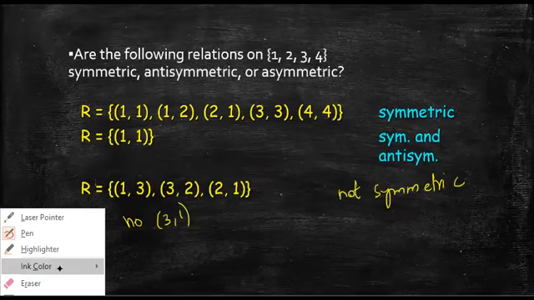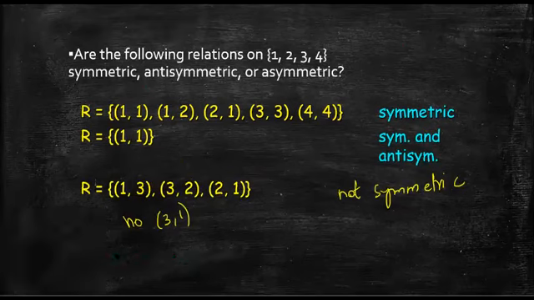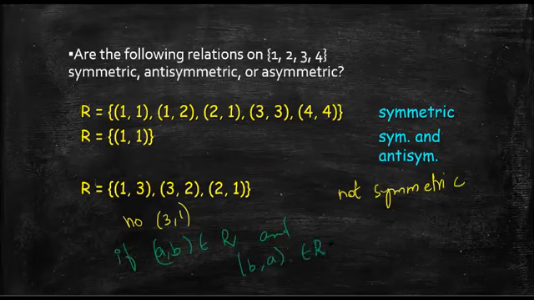Now what about antisymmetric? For antisymmetric, if A comma B belongs to R and B comma A belongs to R, then A is equal to B. Why am I writing this entire thing?